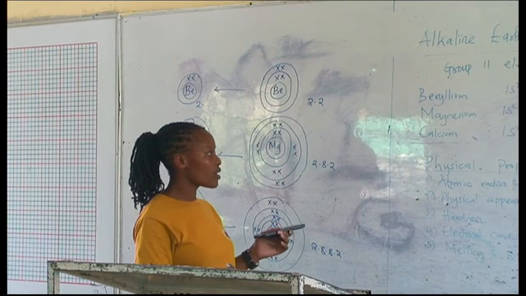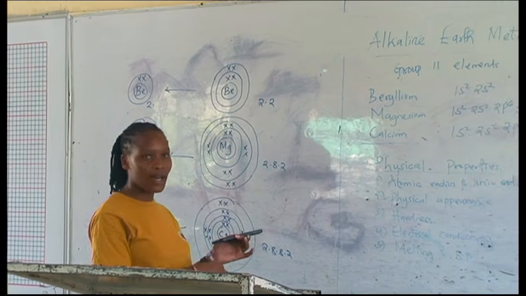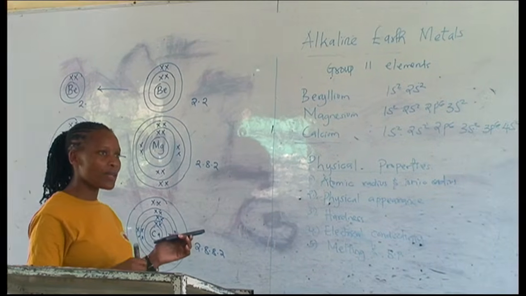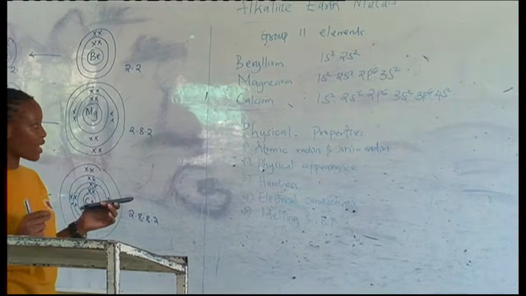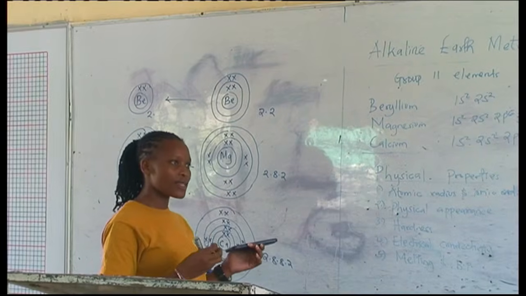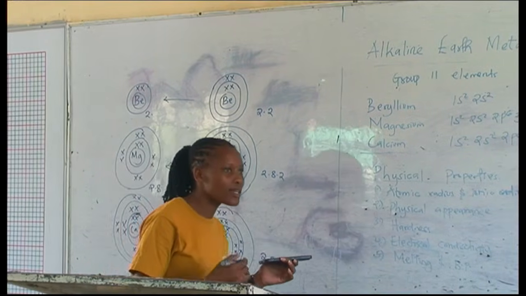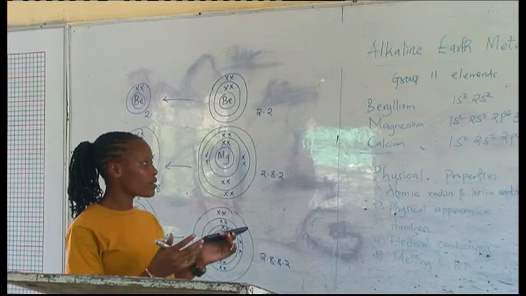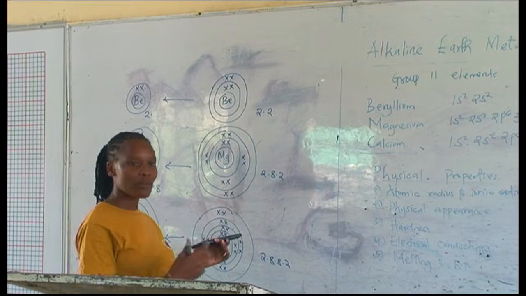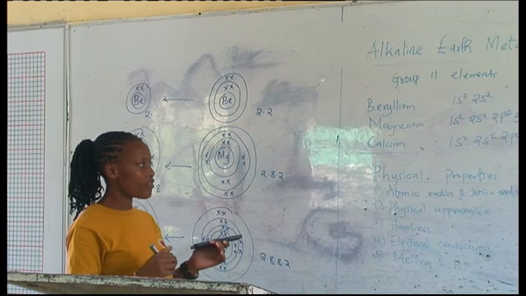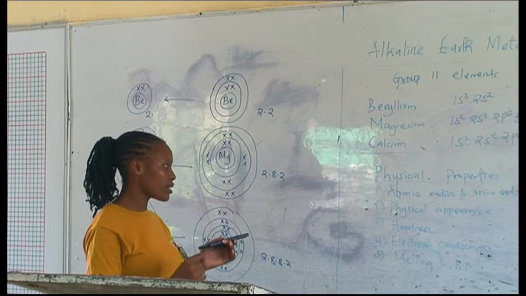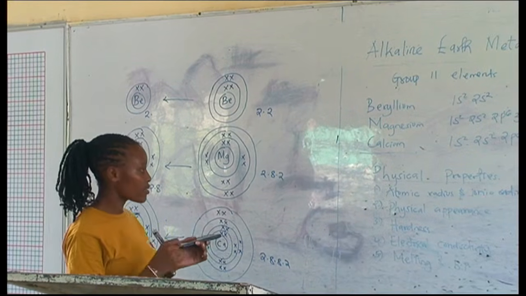This is because when you compare the atomic size of alkali metals and alkaline earth metals, alkaline earth metals have got smaller atomic size, and their size being smaller is because of the increase in the number of protons, which will make the nucleus attract the outermost electrons more and more towards the nucleus. Therefore, their sizes will decrease, and as the size of an atom decreases, it becomes less soft.